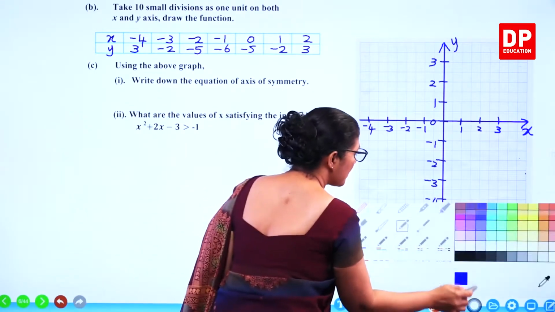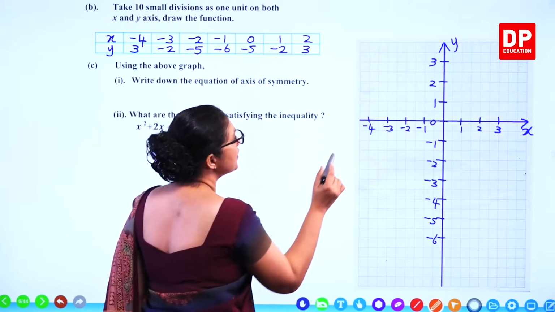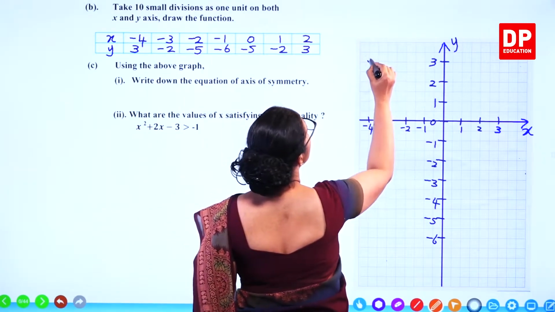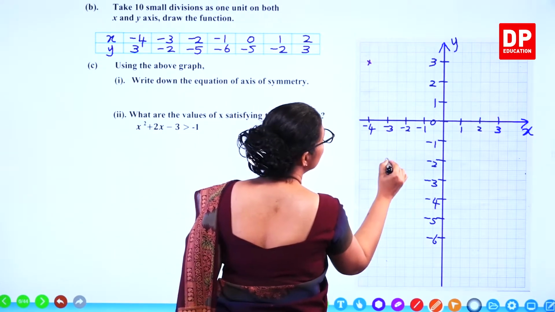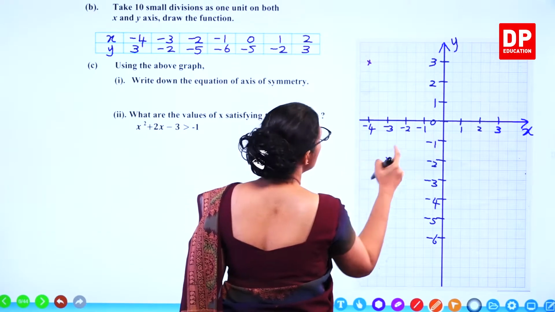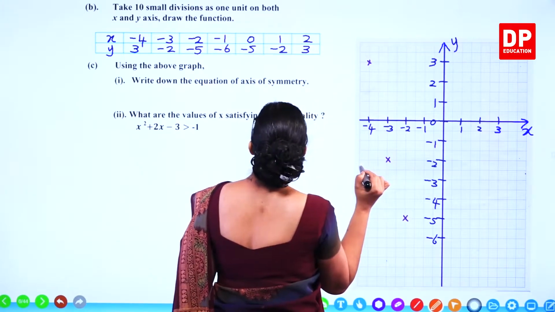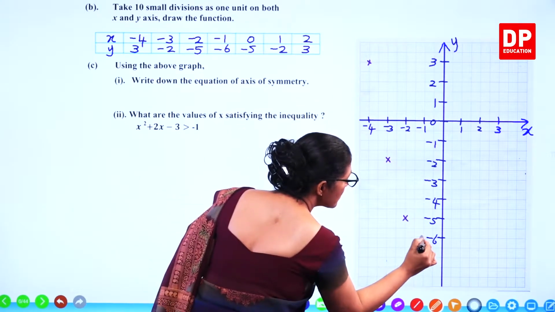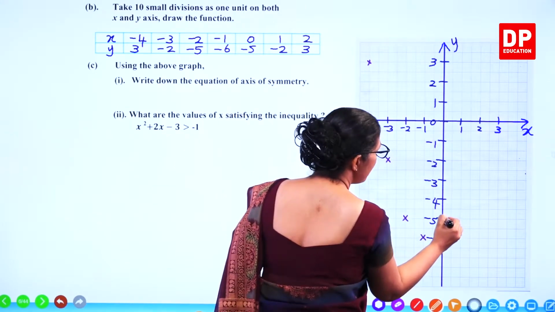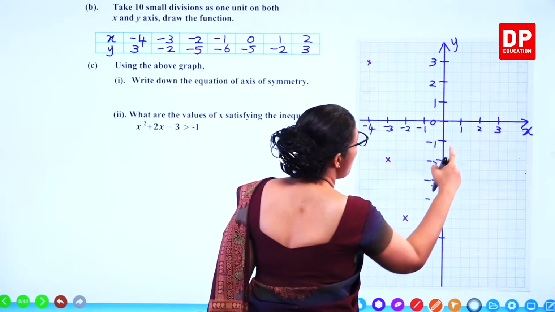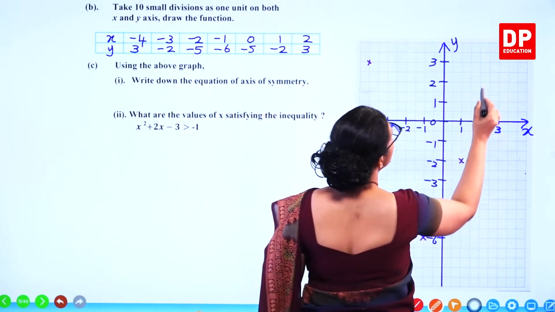Now we'll mark the points. -4, 3. -4, 3 here. -3, -2. -2, -5. -1, -6. 0, -5. 1, -2, 2, 3.